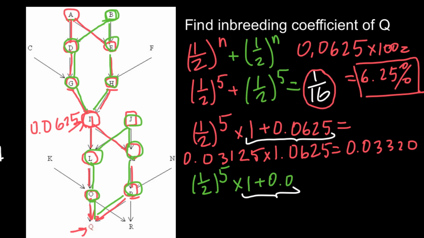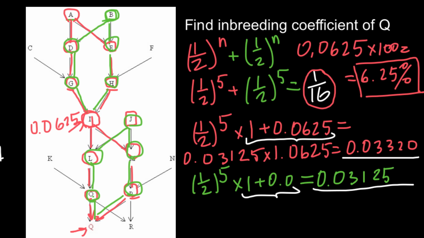So if we divide 1 by 32, we are going to get 0.03125.